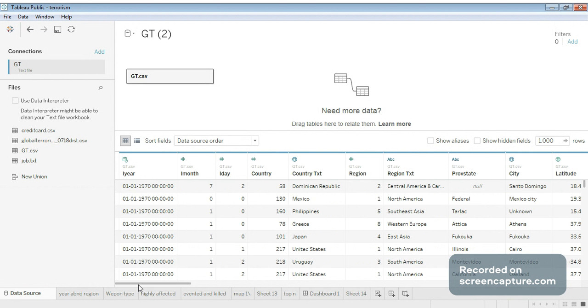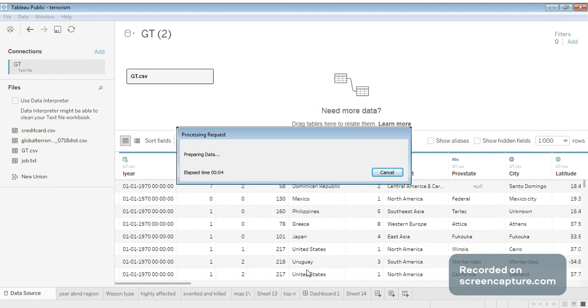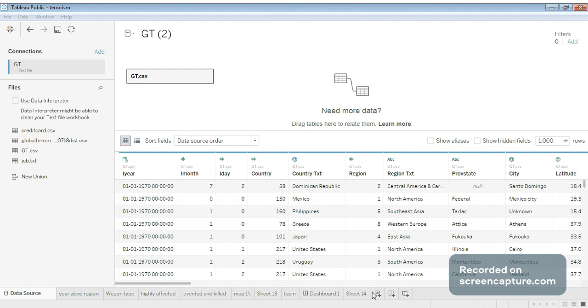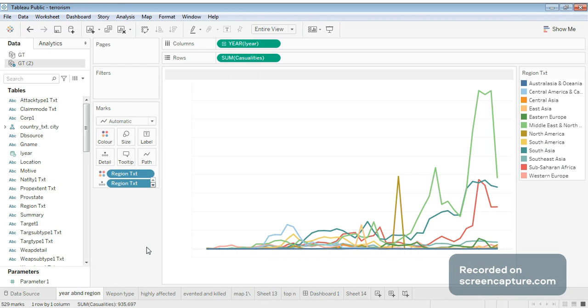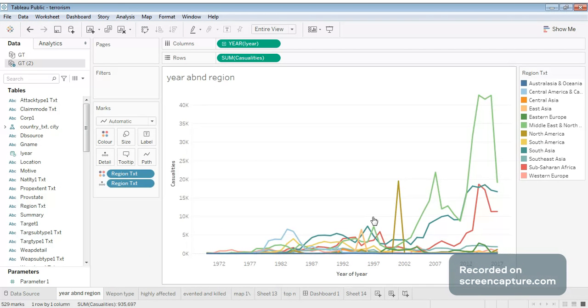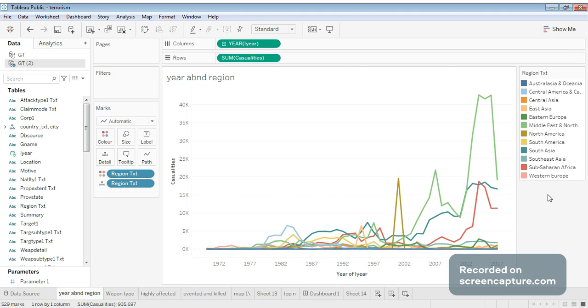So the first chart that I've done is right here. This chart represents regions and years.